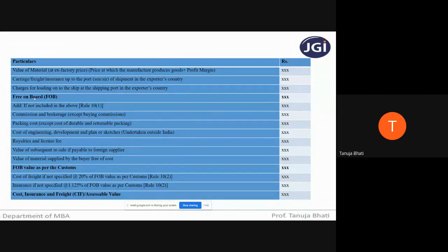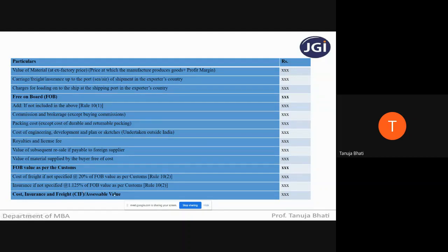This is the free on board value, students, but as per the Customs Act in India, there are certain items that you need to add to the FOB in order to get the value as per customs, and what needs to be added is given under rule number 10. Next to this FOB, when you add freight and insurance, you get CIF.